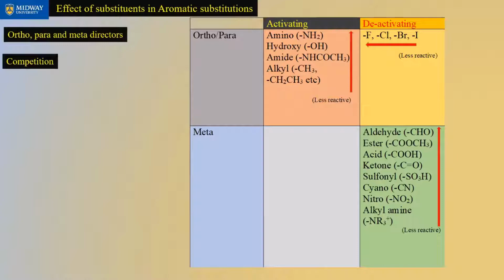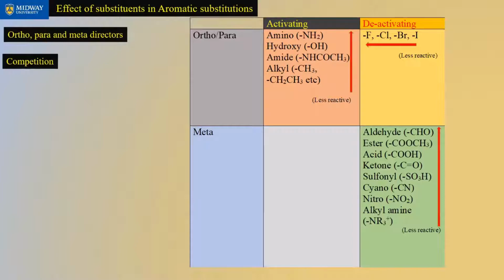Let's say you have two deactivating groups, F and Cl, then F is more reactive of the two, so Cl would be even more deactivating compared to an F. Okay, so the direction of the arrow indicates which one will be better of the two.